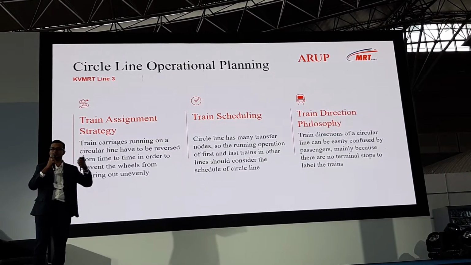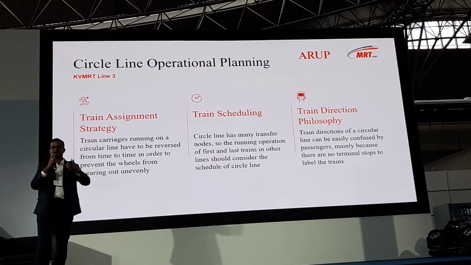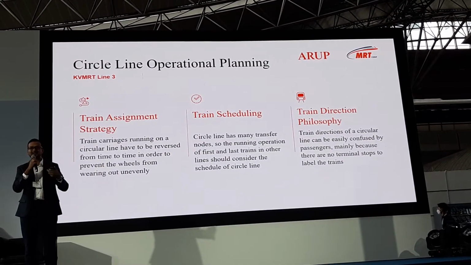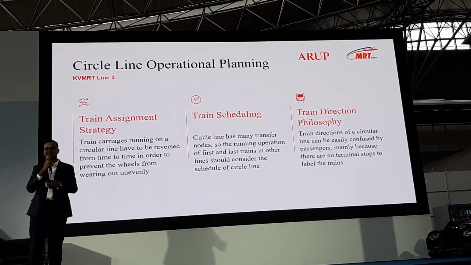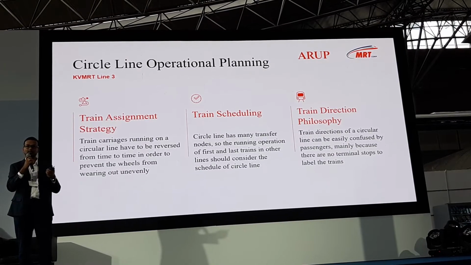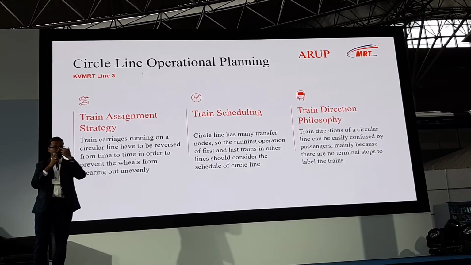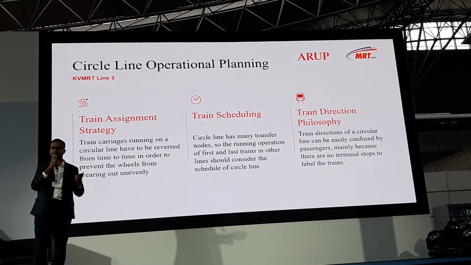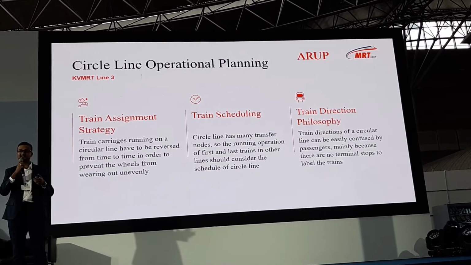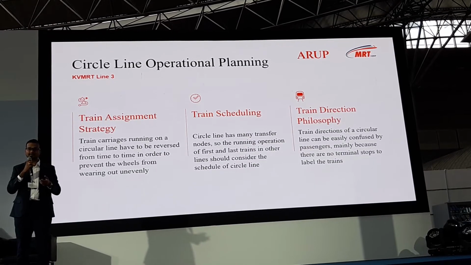For example, on Line 1 trains you will have an indication going to Kwasa side or going to Kajang side. But on the circle line, both ways can still get you to where you want to go. So there needs to be proper wayfinding, directional signages for the clockwise and anti-clockwise services. All these elements need to be embedded at a very early phase of the project.